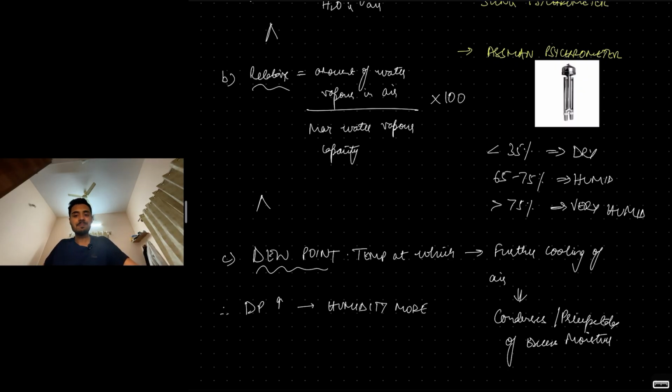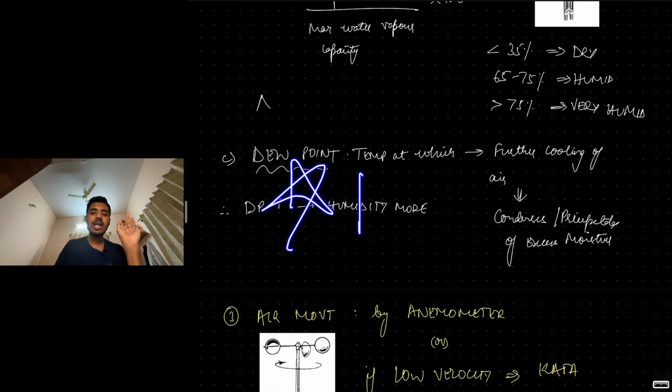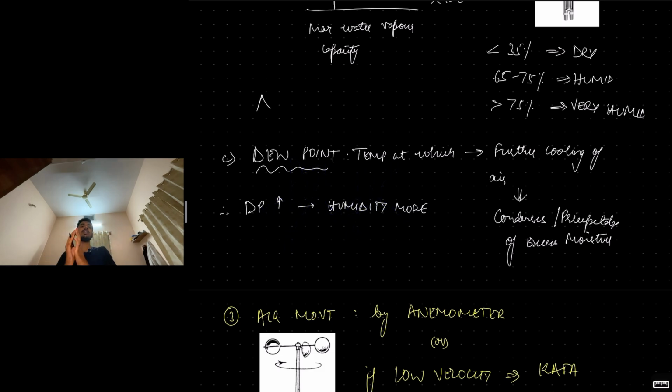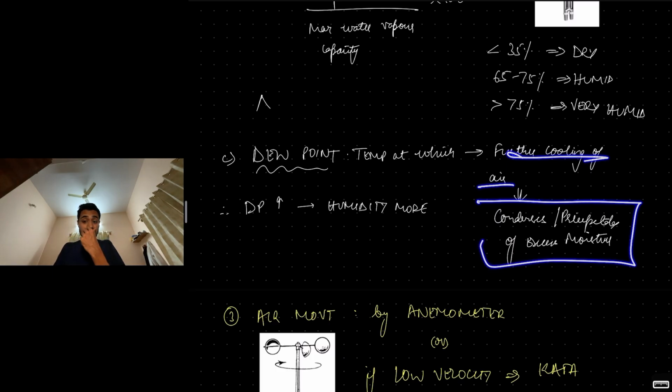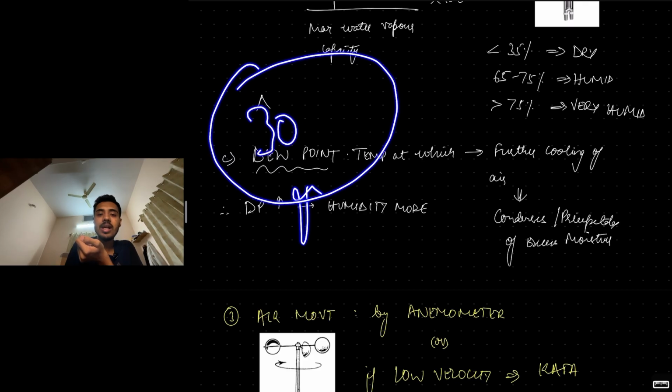Then coming to dew point, the best humidity indicator is dew point. It is the temperature at which further cooling of air causes the excess moisture in the air to condense or precipitate. You have a region where dew point is 30 degrees, and another region where dew point is 20 degrees.